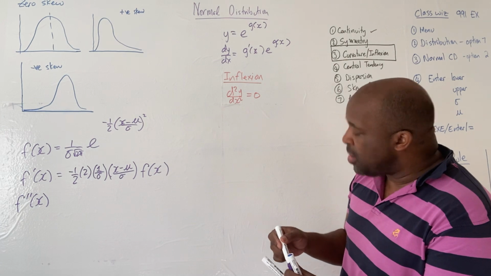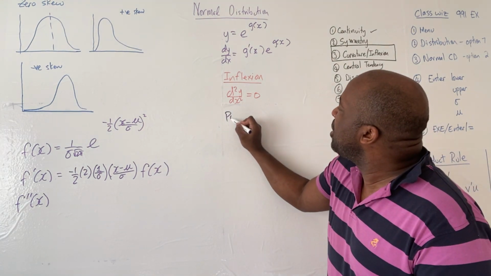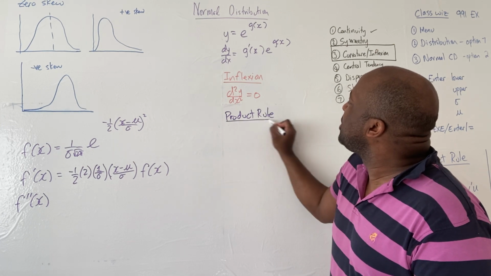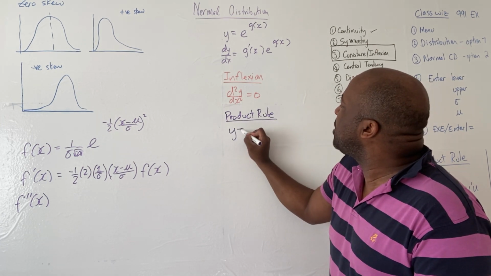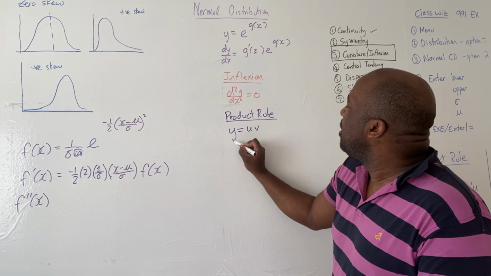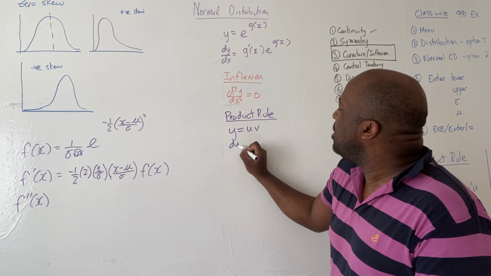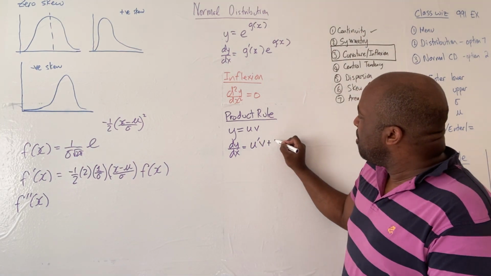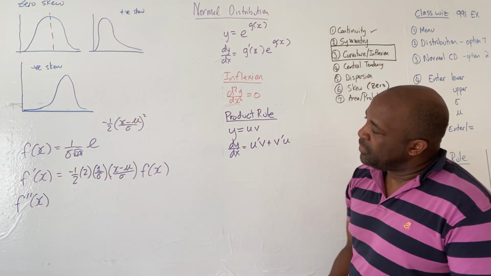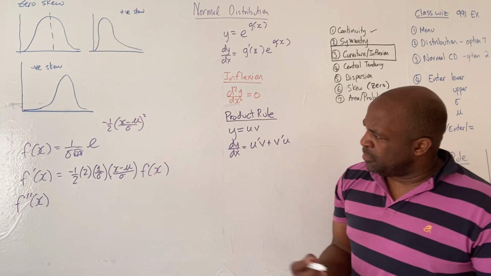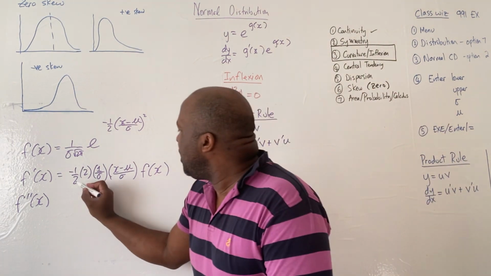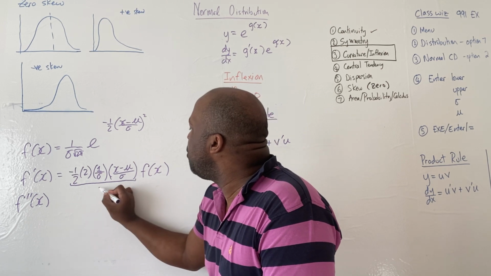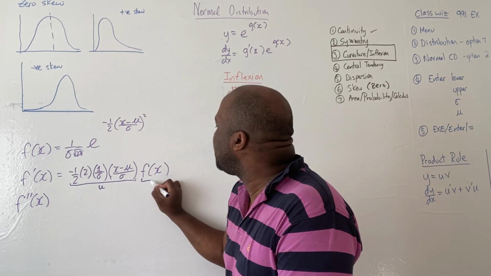By way of a refresher, the product rule states that if we have a function y equal to uv, then dy/dx is equal to u dash v plus v dash u. So we're going to apply this rule. We're going to treat this as our u and then treat this as our v.